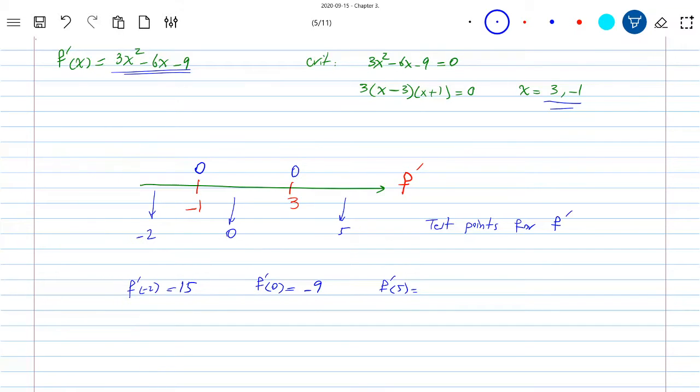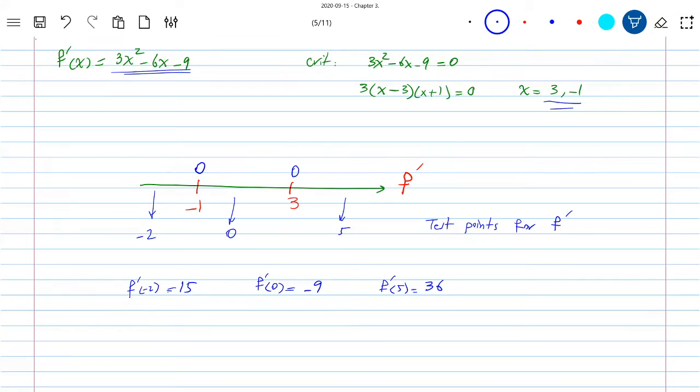If you replace 5, that's 25, 75. I don't know why I picked such a large number. Actually, this would be faster. 5 minus 3 is 2. 5 plus 1 is 6. 6 times 2 times 3, 36. So the value would be 36. You can check these values, it doesn't really matter.